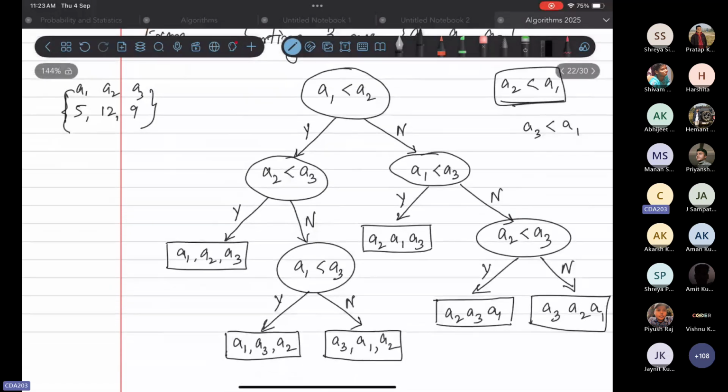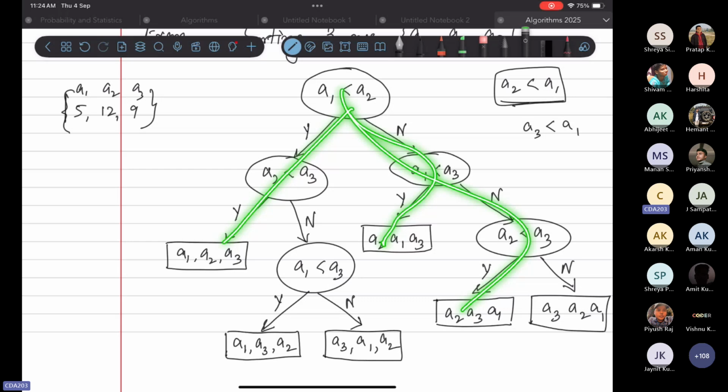Why? Because for some input this is the running time, for some other input this is the running time, and this, and this, is the running time for some other input. Right? So height is the maximum length from the root to a leaf, and that represents the worst case running time for that algorithm.